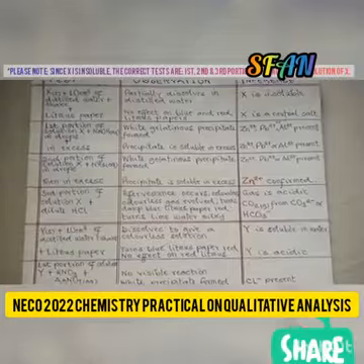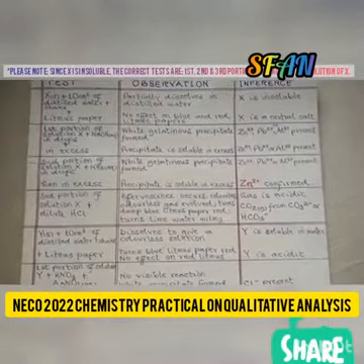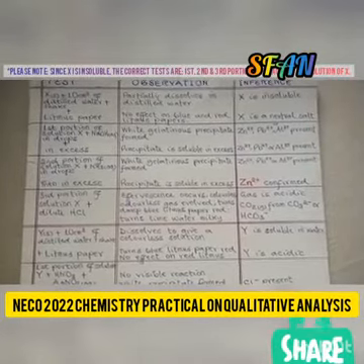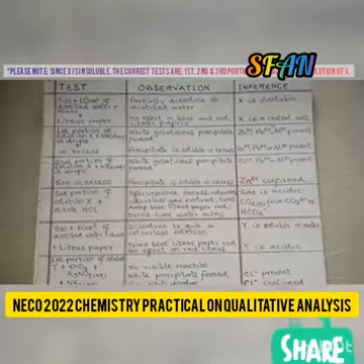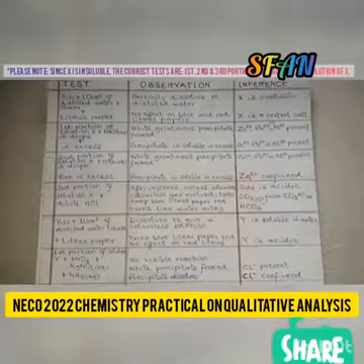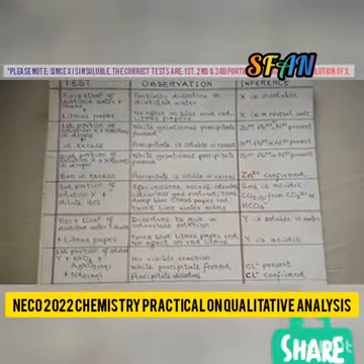And when we added in excess, the precipitate is soluble in excess to give a colorless solution. And our inference is that Zn²⁺, Al³⁺, or Pb²⁺ is present.